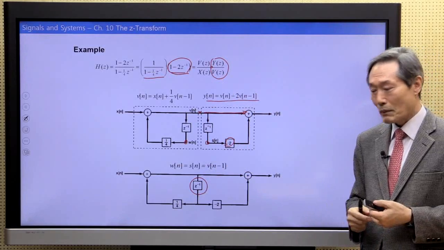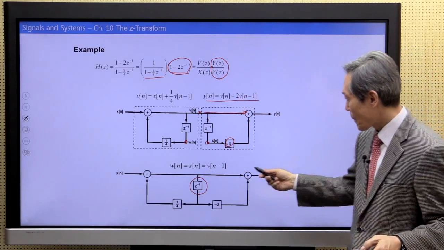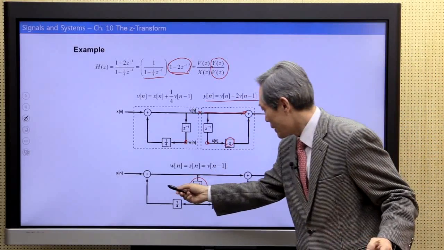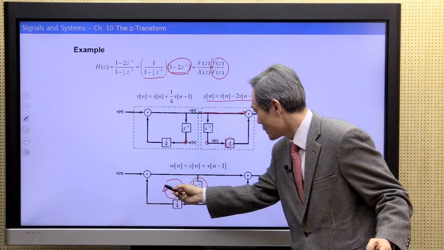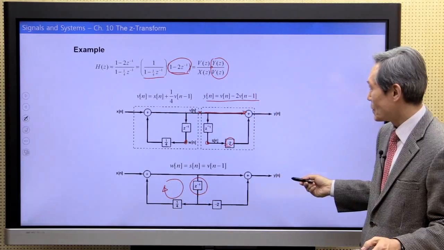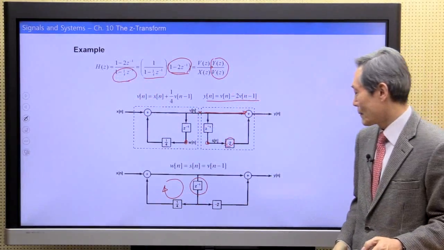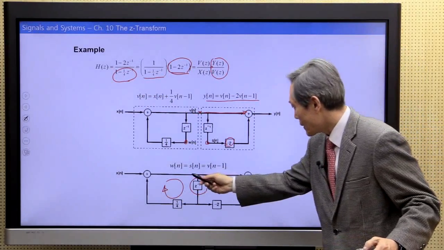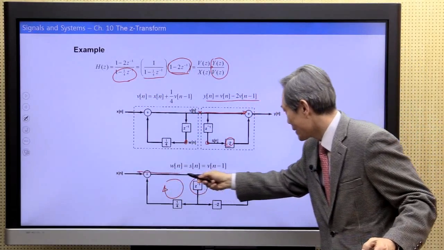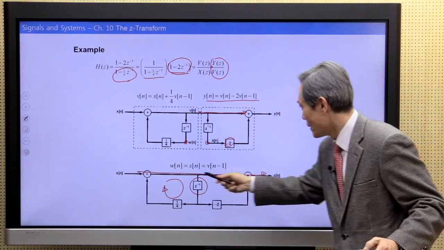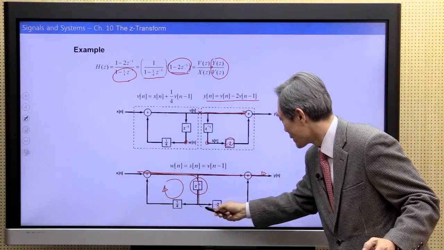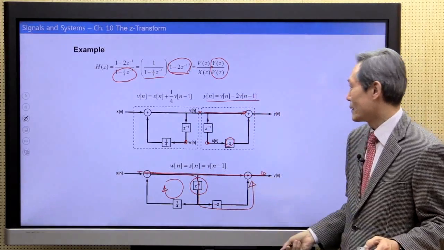If you apply Mason's rule, you may say that this is a loop, so in denominator you have this. And numerator, you have two paths. One is going this way, the other way going that way.